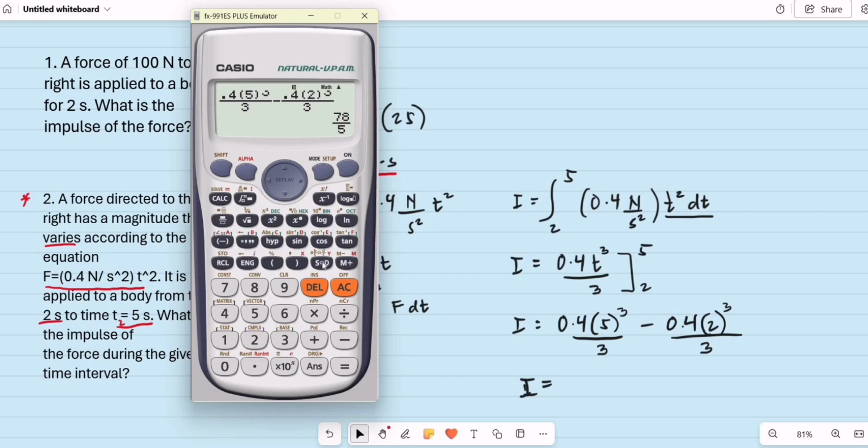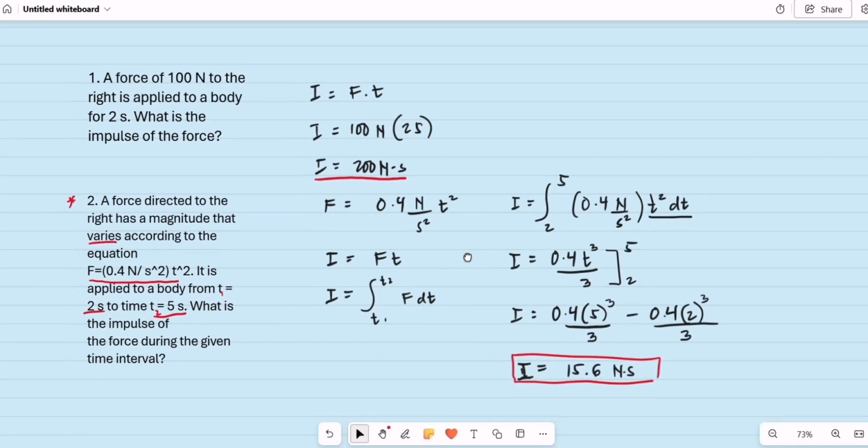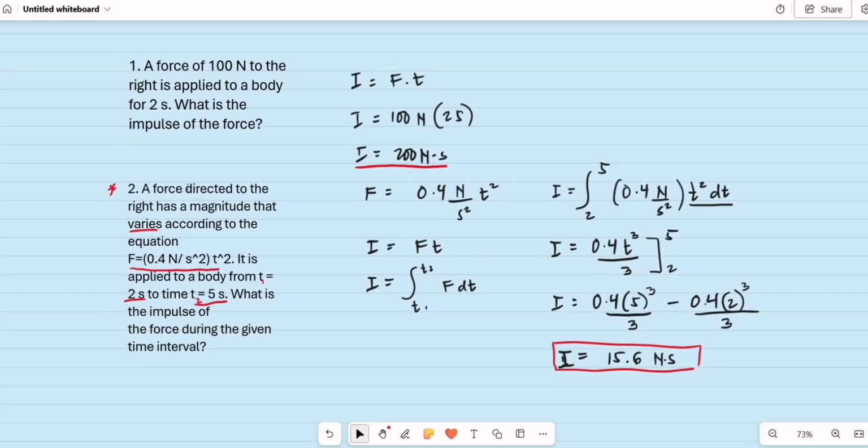So that should be equal to 78 over 5, or 15.6 Newton second. So this will be our answer for example number 2. So these are our examples for impulse. The first is a constant force, and the second is with a time interval or a varying value.